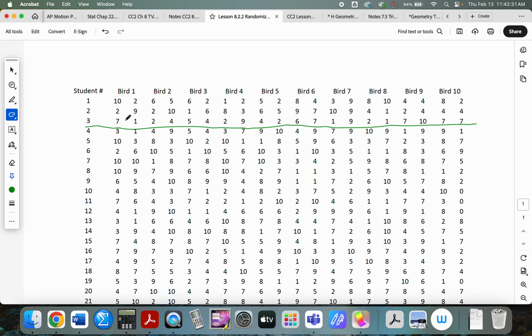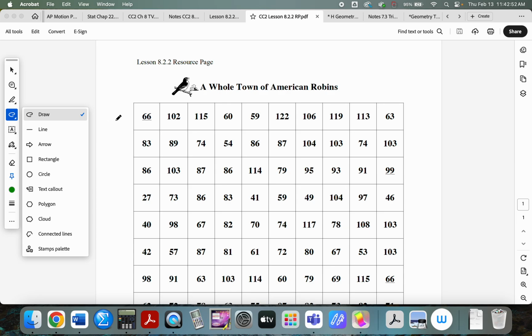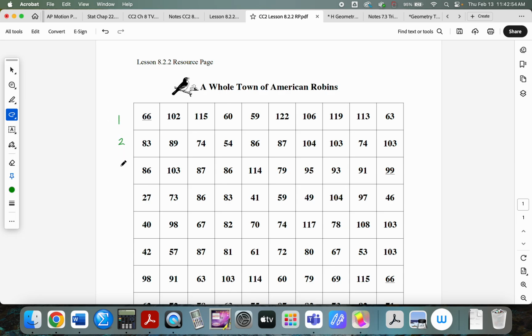There are 2 numbers under bird 1. The first number is the row, and the second number is the column. So I'm supposed to look at row 7, column 1. I'm going to go to row 7. And it may be helpful to you to just go ahead and number 1, 2, 3, 4, so you don't have to always count them.